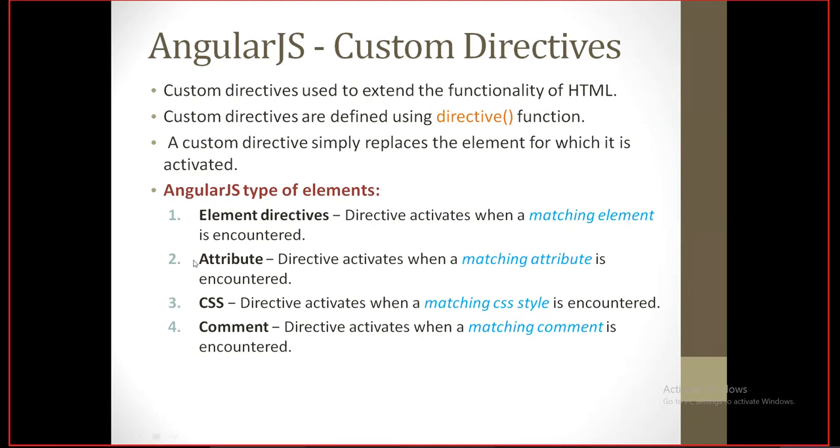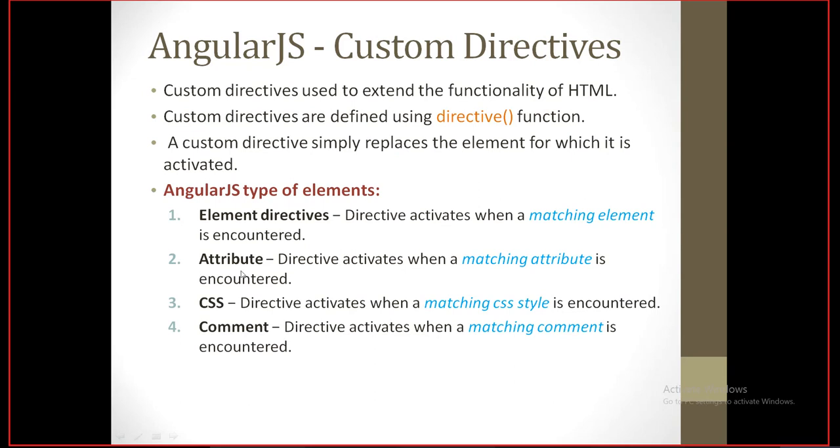So the types of replacements for the custom directives can be in terms of tags or element directives. Whenever the custom directive is activated, it is matching the name of the tag or name of the element.